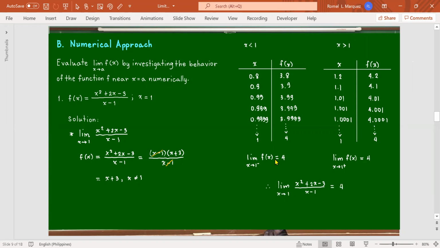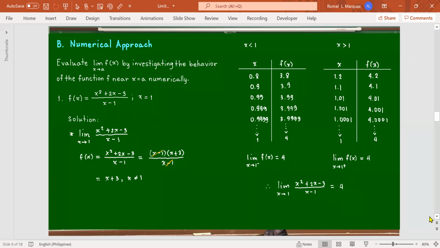Okay? Since both the limit from the left of 1 and from the right of 1 are 4, from the left and from the right the limits are equal. So we say that the limit of x squared plus 2x minus 3 all over x minus 1 as x approaches 1 is equal to 4. Okay, guys? Is that clear, children?